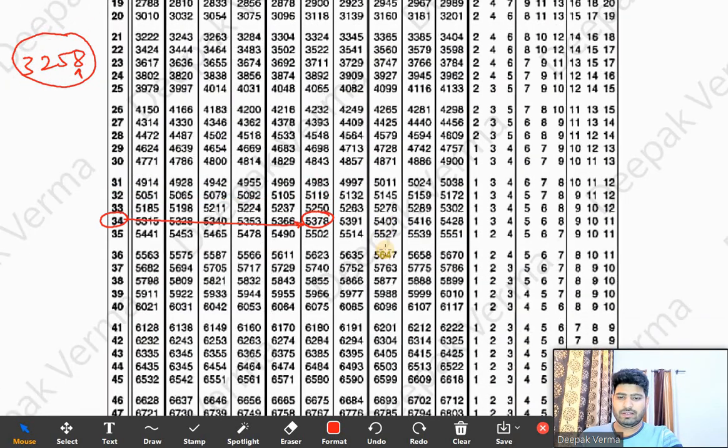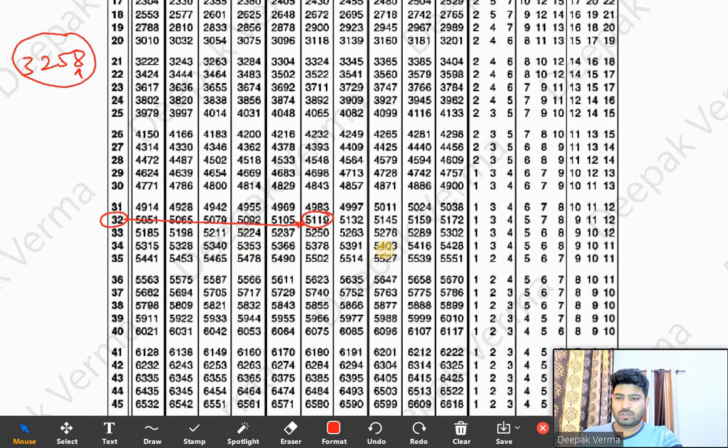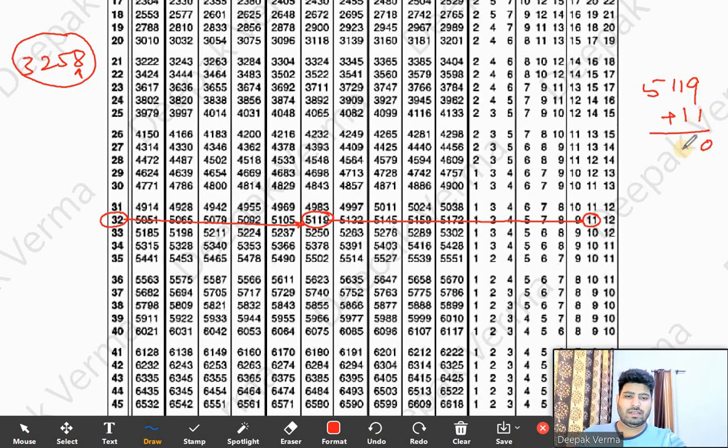So 32. Look, this is 1, 2, 3, 4, 5, 6, 7, 8. This is column number 8. Is it clear? So we have the value 5119 and add 11 here. So we get 9 plus 1 is 10, and 3 plus 1 is 5.